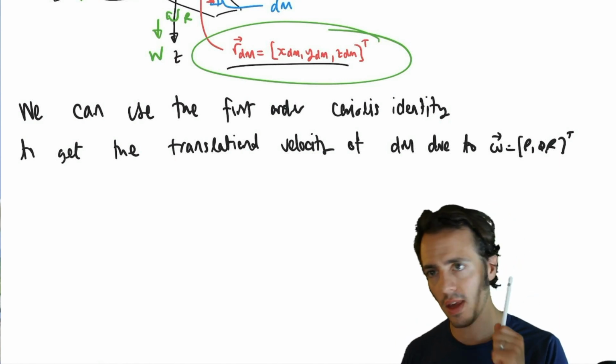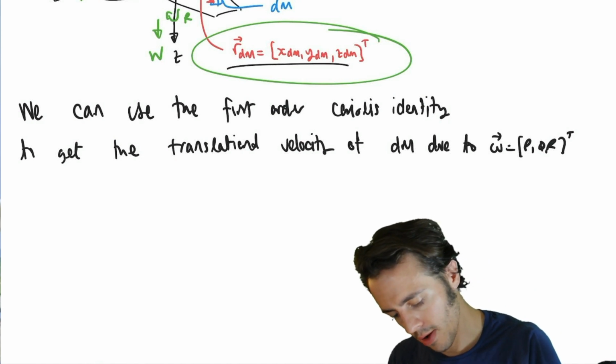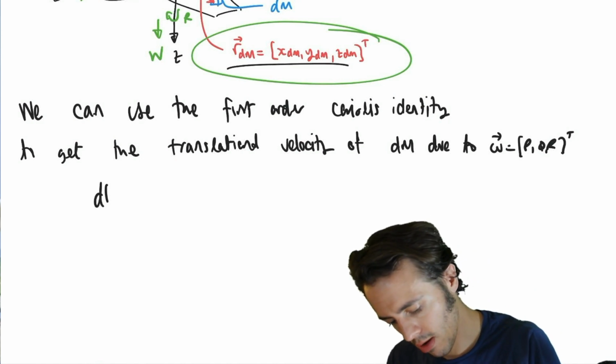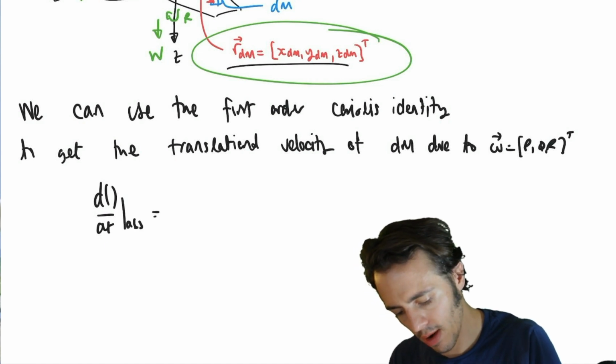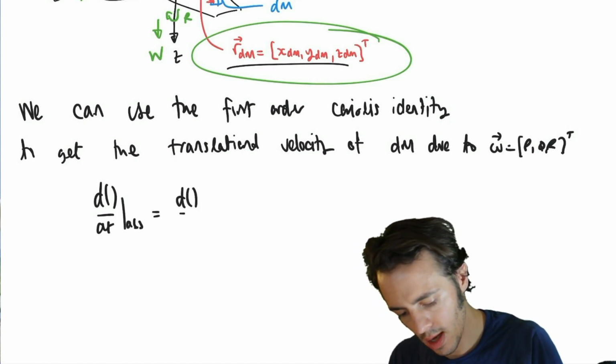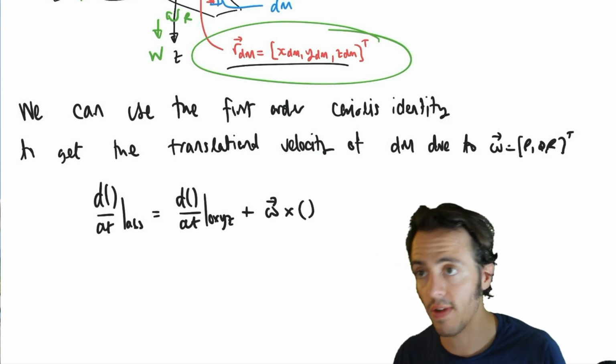So we can get this from the first order Coriolis identity. So just remember that we've got d of anything dt in the absolute reference frame is equal to d on dt in the local reference frame plus the cross product of the rotation vector and whatever vector we've got.